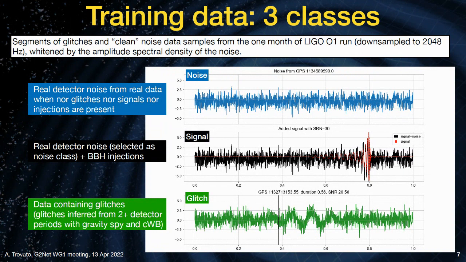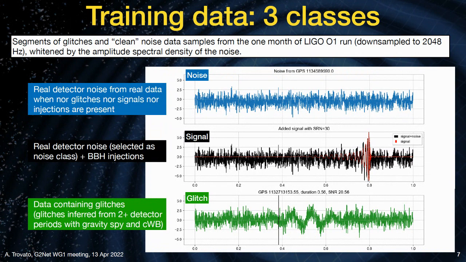The data that we have used come from GWOSC, because when we started, that was the only one available. It's downsampled to 2 kilohertz and then whitened.